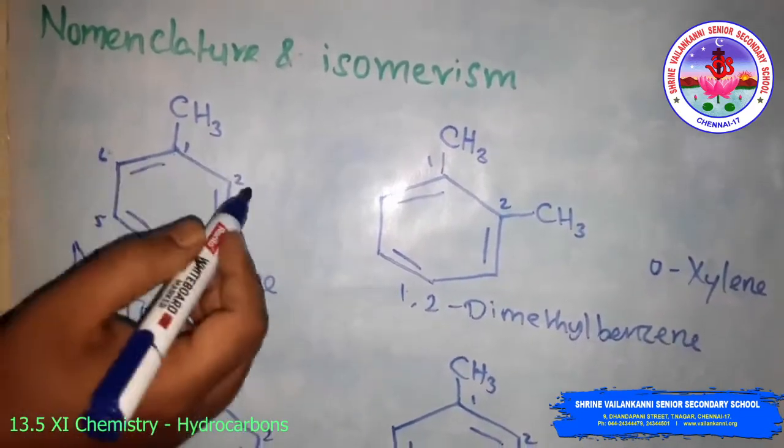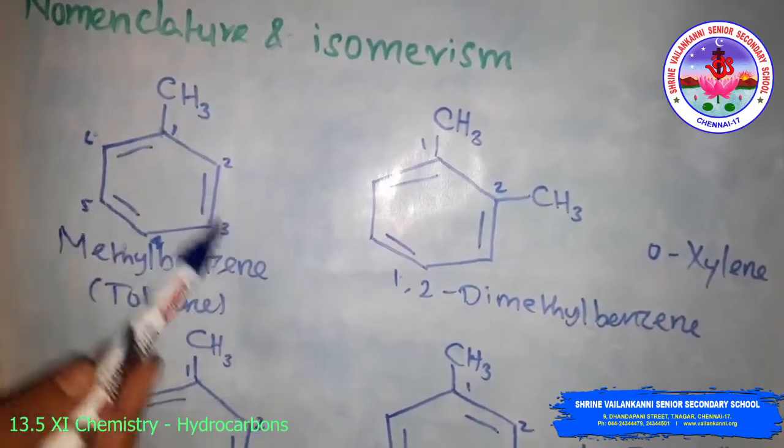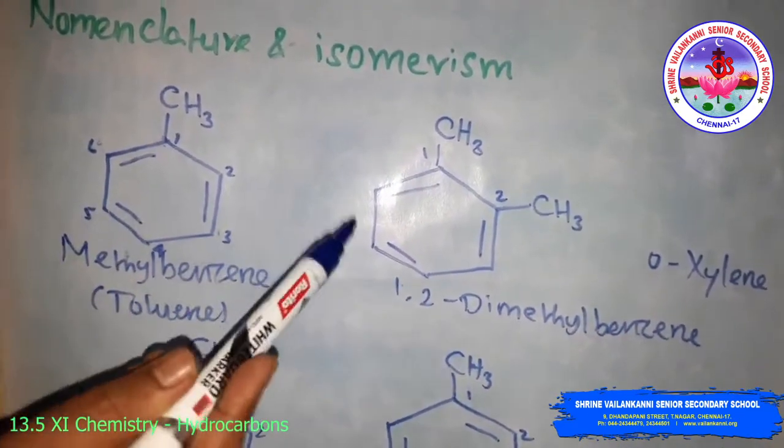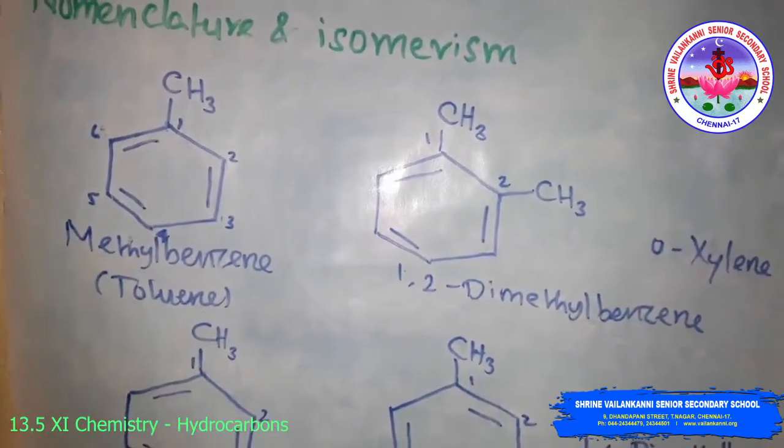Positions 1,2 or 1,6 are ortho; 1,3 and 1,5 are meta; and the opposite, 1,4, is called the para position.